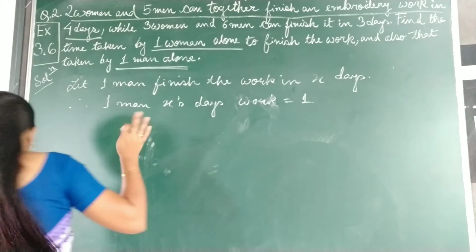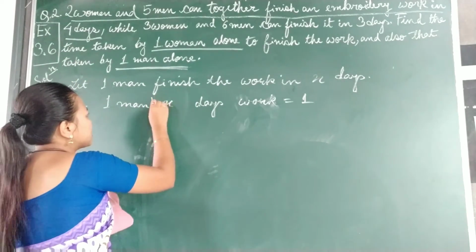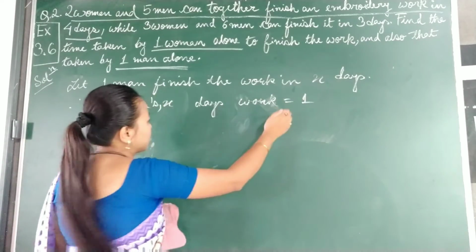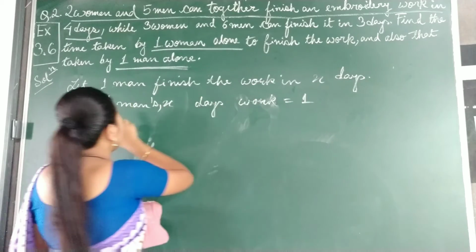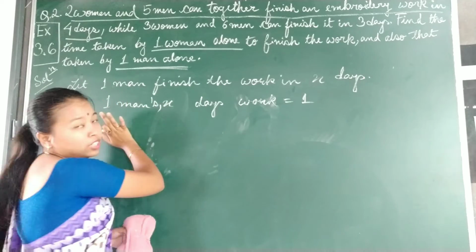I hope you have understood this. One man's X days work is 1. This is the part of work finished by 1 man in X days. One work is totally finished in X days by only 1 person.